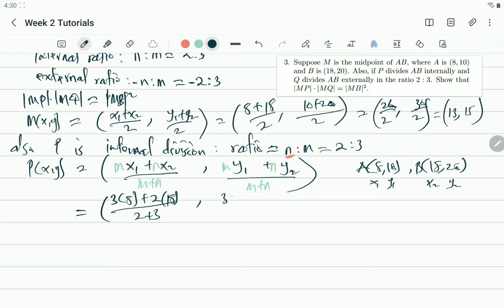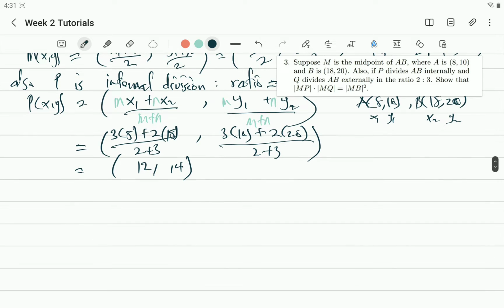Then we have 3 times y1, which is 10, plus 2 times y2, which is 20, and we have 2 plus 3. We close the bracket. By doing the whole calculation, we are expected to get P as 12 and 14. Yeah, this is what we get.